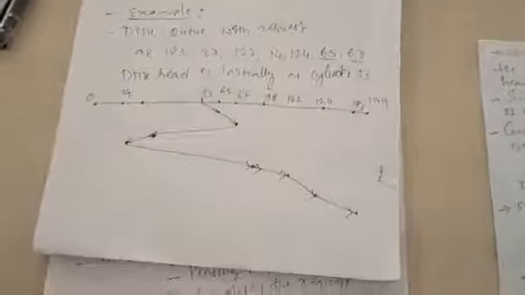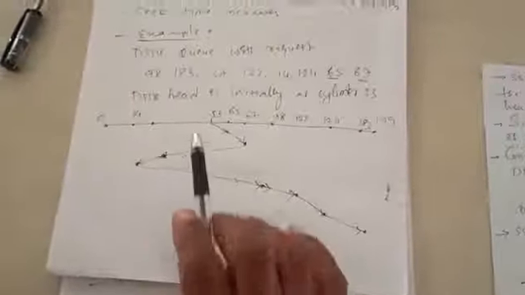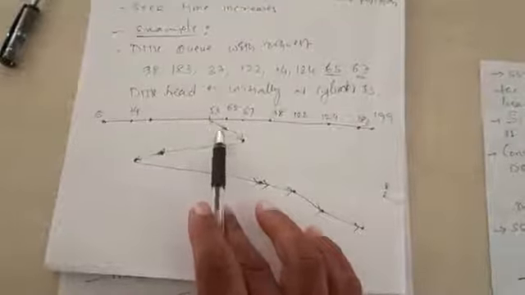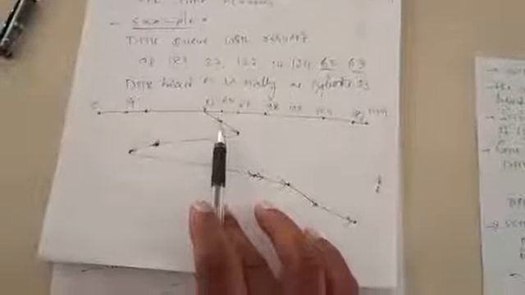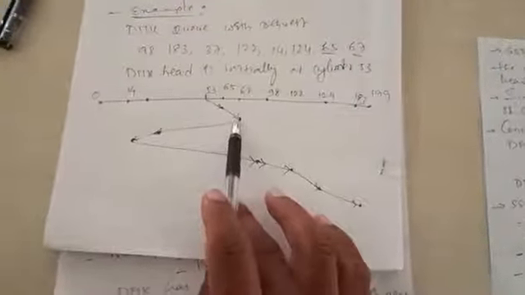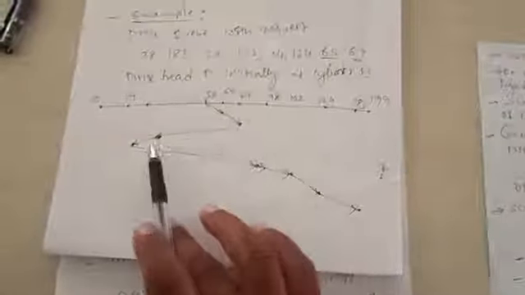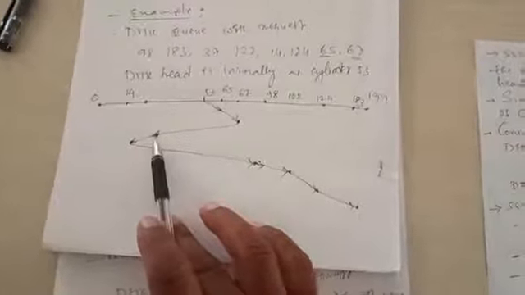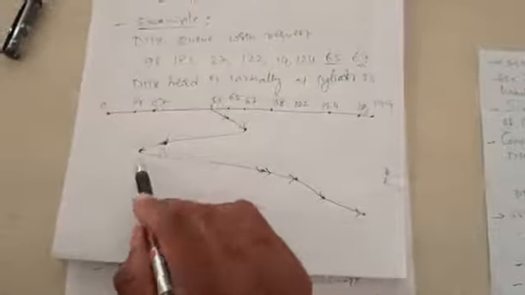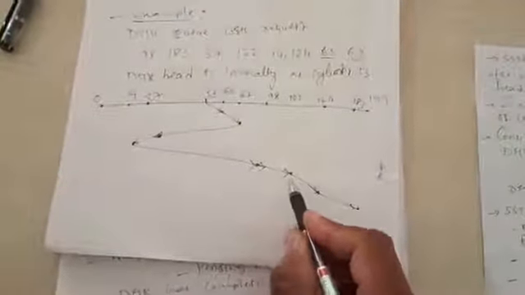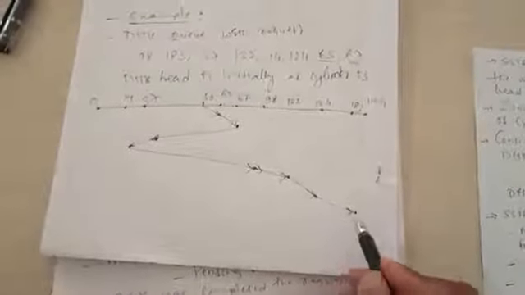The SSTF algorithm is going to move the read write head from the initial position 53 to 65, because the next closest request is 65, and then from 65 to 67, because 67 is the closest of the other pending requests. Then it moves to 37, then to 14, then to 98, then 122, then 124, and lastly it is going to service the request 183.